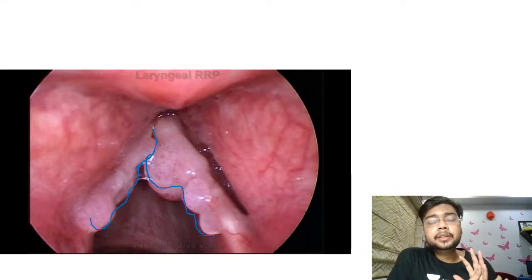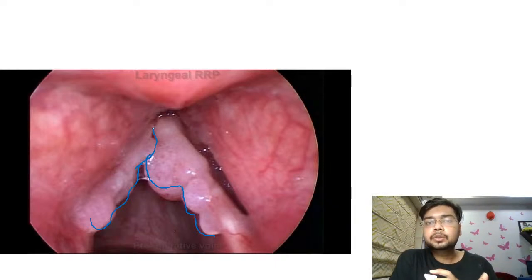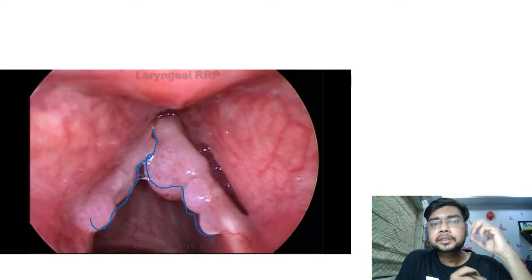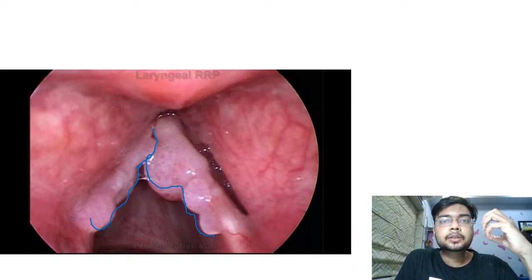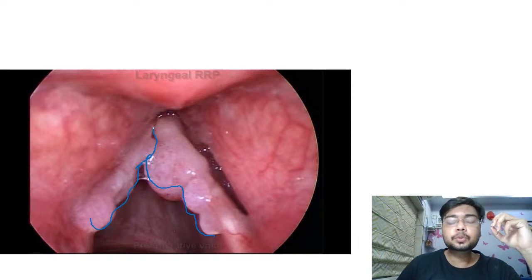Tracheostomy we usually try to avoid, because with tracheostomy these lesions may spread to surrounding parts. But if the patient is in stridor and cannot be intubated, then the last resort to save the life is to do the tracheostomy.